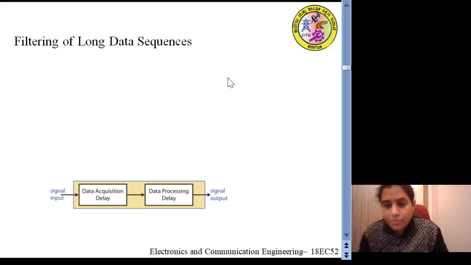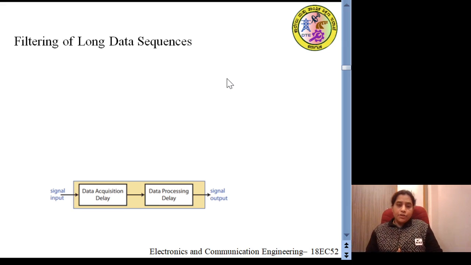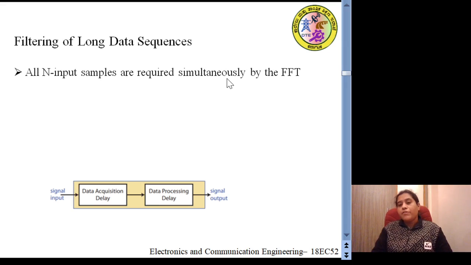In a real-time system, the input signal has to be filtered with the impulse response to obtain the signal output. It has to undergo a series of delays because of data acquisition as well as data processing. If we want to do linear filtering using the DFT, using the FFT method of finding the DFT, all the N samples are required simultaneously for our FFT system.